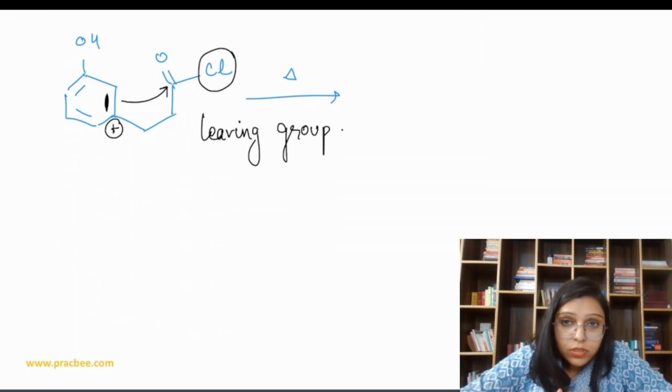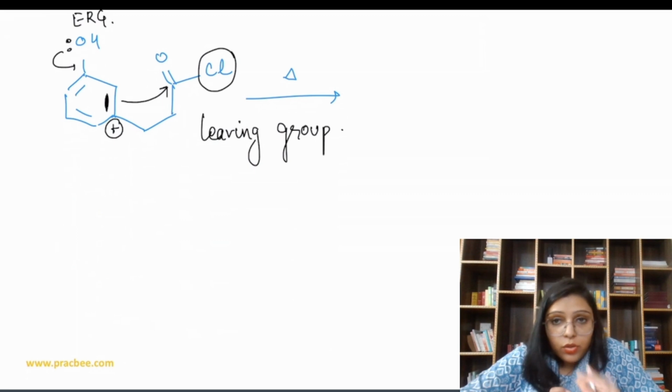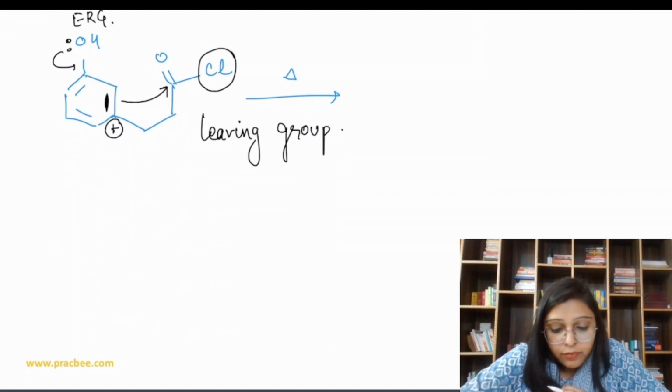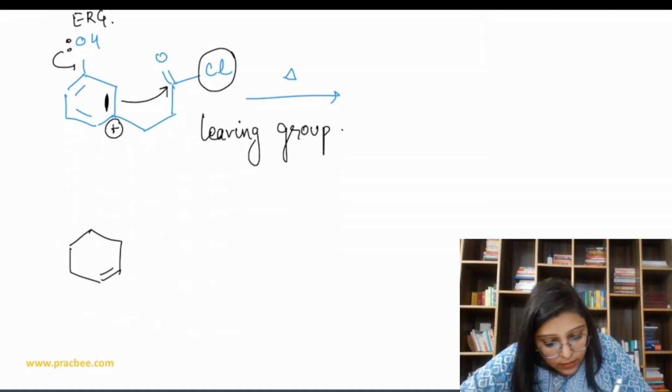Positive charge is more stable in presence of OH because OH shows resonance, right? So this is an electron donating group. So what we can do over here, we can write this in a different way, and I'm going to write the structure like this.